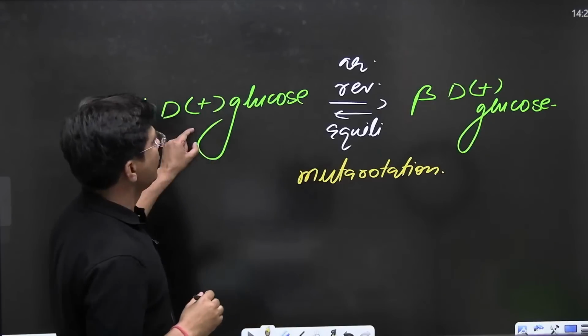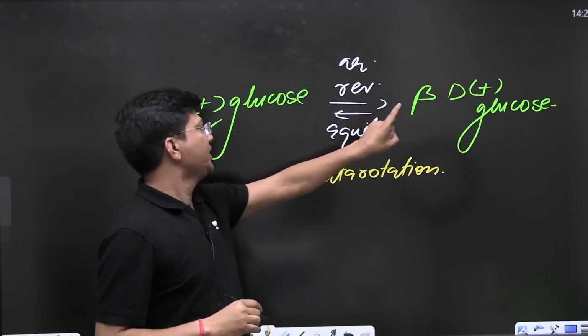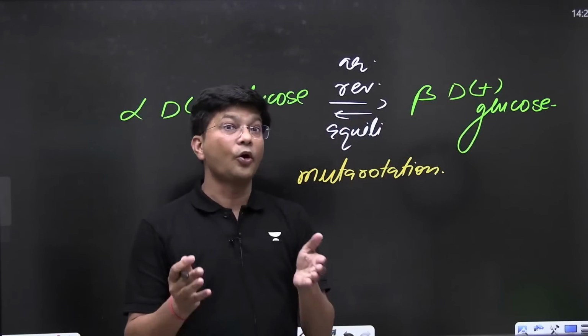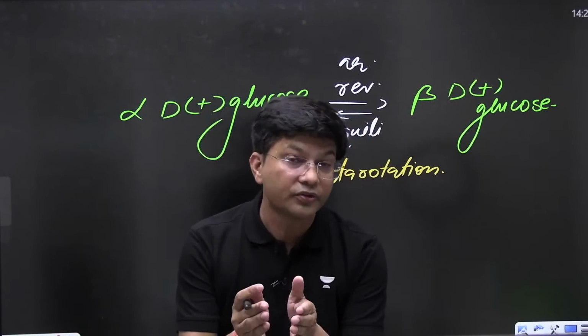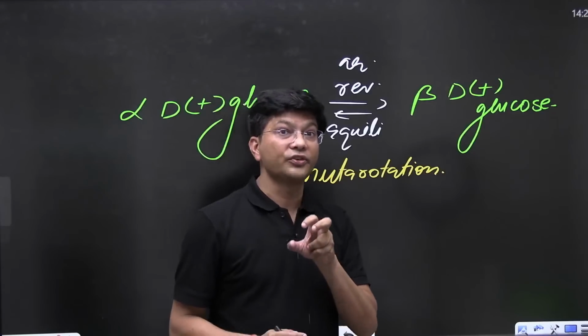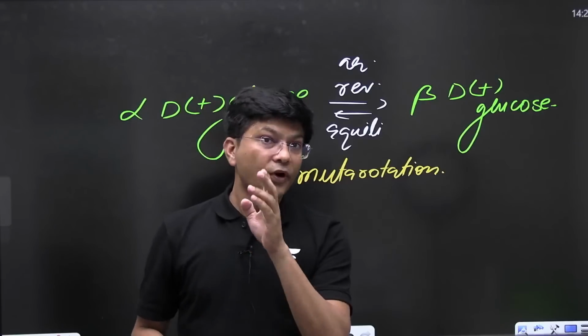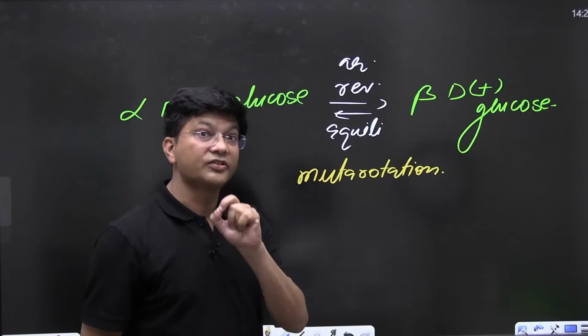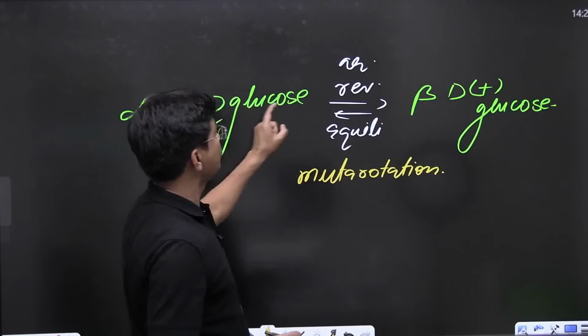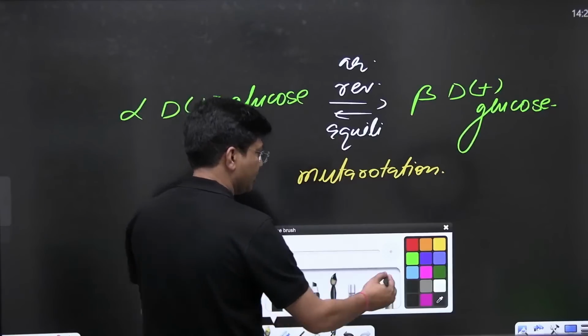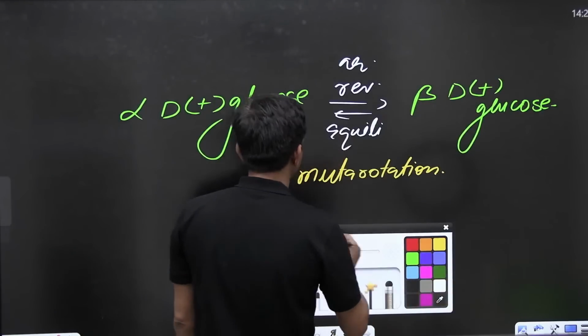So in the aqueous solution, we have alpha D glucose, beta D glucose as well as the open chain structure of glucose, where the oxygen which was attached to the 5th carbon is forming a bond with the first carbon. The first carbon is known as the anomeric carbon. What's the relation between these two? These two compounds are anomers.